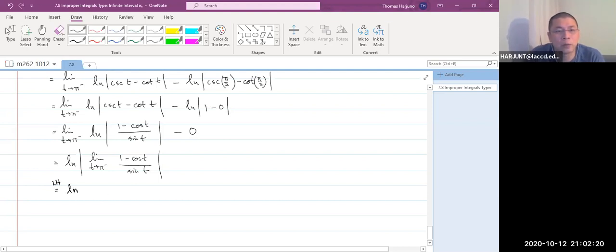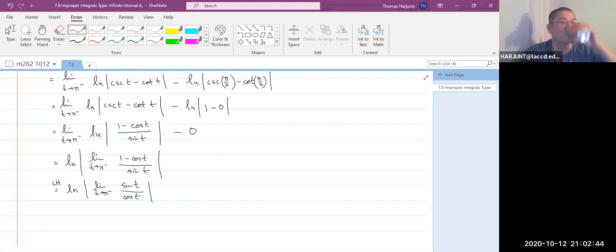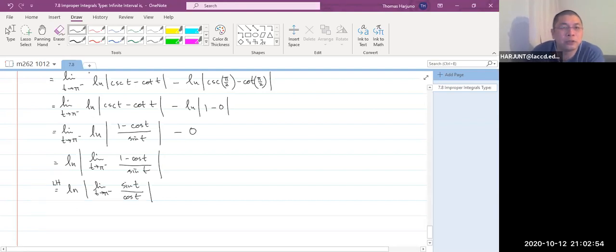So I apply L'Hopital's rule: the limit as t goes to pi from the left-hand side of sine t over cosine t. That's tangent.